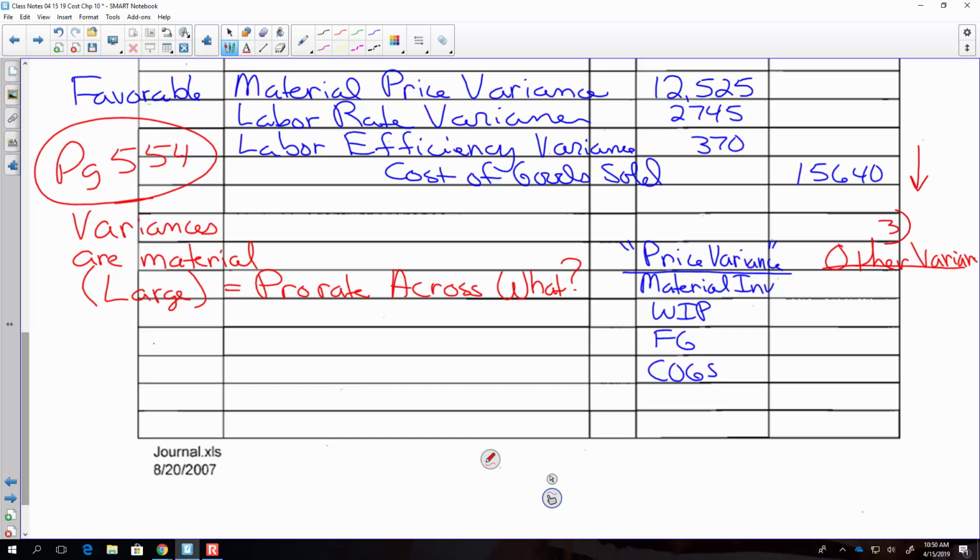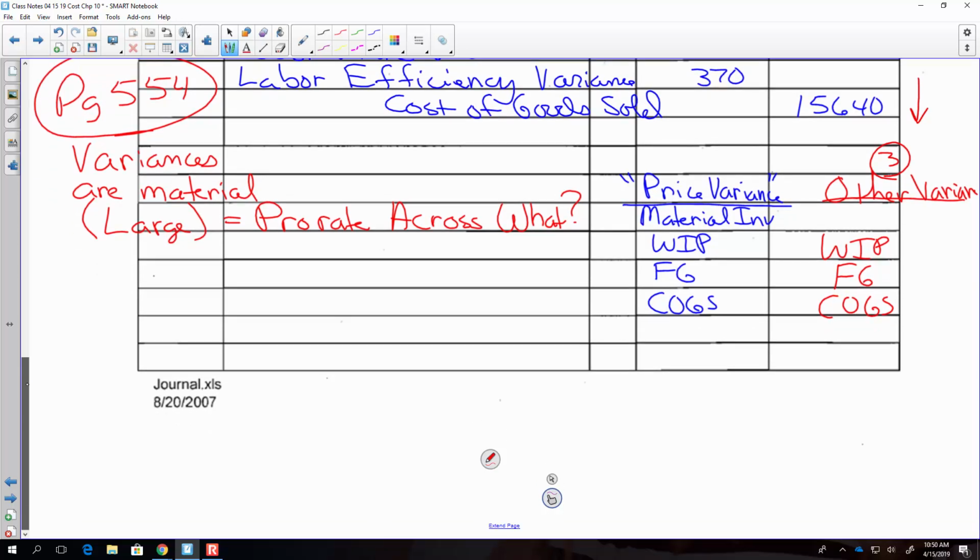There's 3 of them. The remaining three, the usage, the labor rate, and efficiency, only are prorated across WIP, finished goods, cost of goods sold. The only one that hits the fourth account is the price variance when we record the purchase entry.